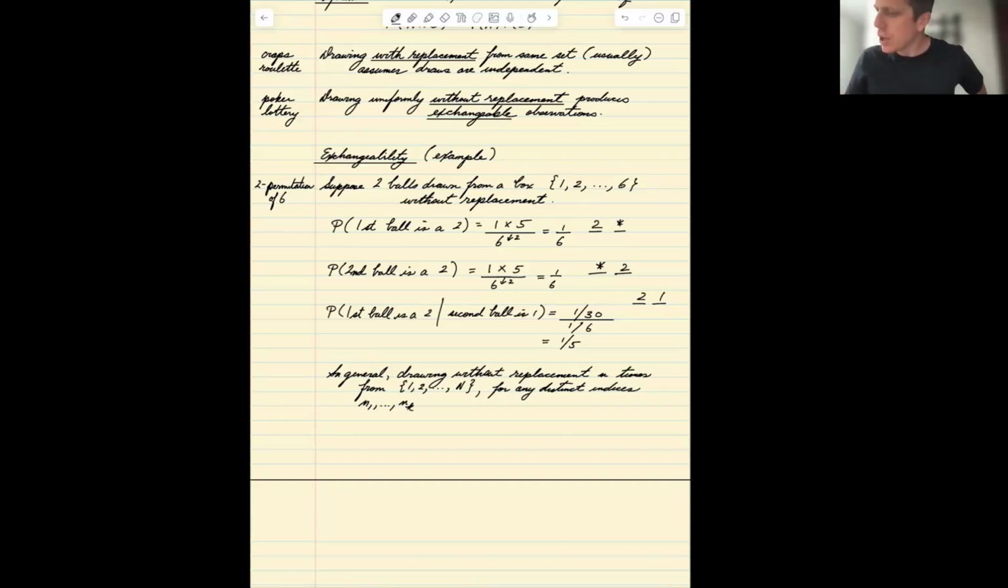In this case, we drew twice without replacement, and then we subset our attention to only the second index.